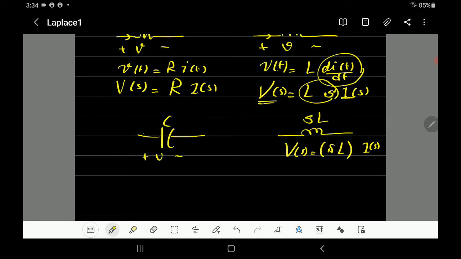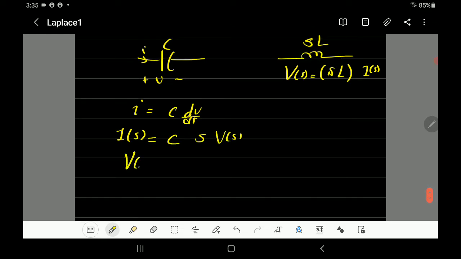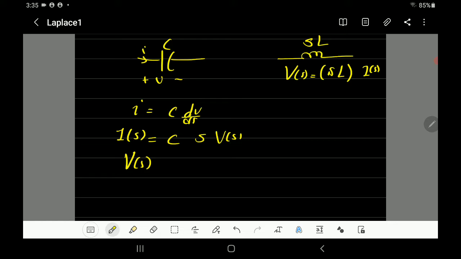What about the capacitor? That's the voltage across the capacitor, and this is the current. You know that i = C dV/dt. In the s domain, I(s) equals C, and the differentiation of voltage will be s V(s). So the relationship between the voltage and the current is that the voltage equals 1 over Cs times I(s).